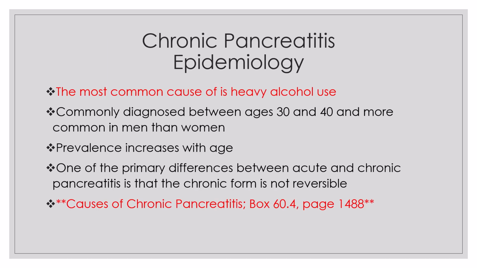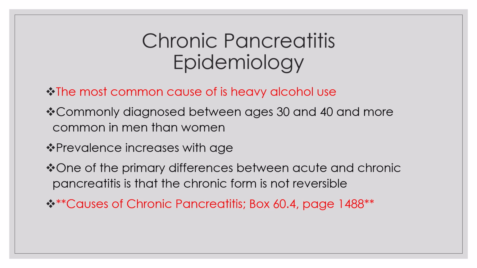So we've talked about acute pancreatitis, so now let's talk about chronic pancreatitis. So how does this happen? Well, the most common cause is heavy alcohol use. It is commonly diagnosed between the ages of 30 and 40, and it is more common in men than women. However, prevalence will increase with age.